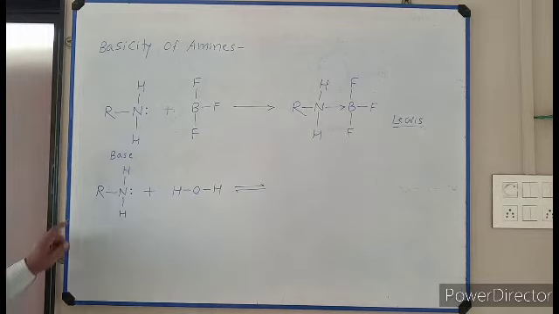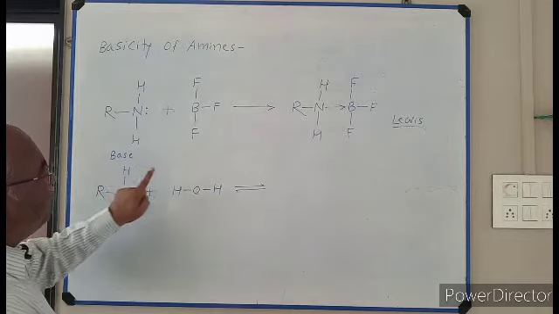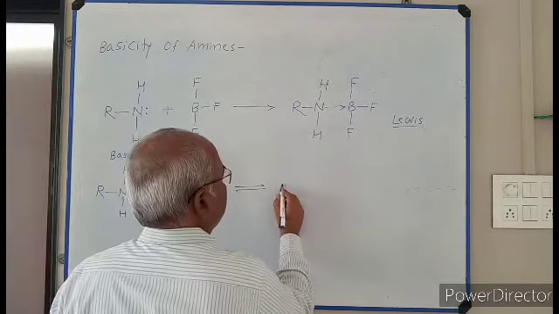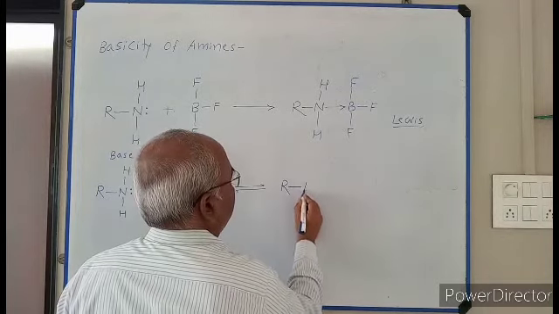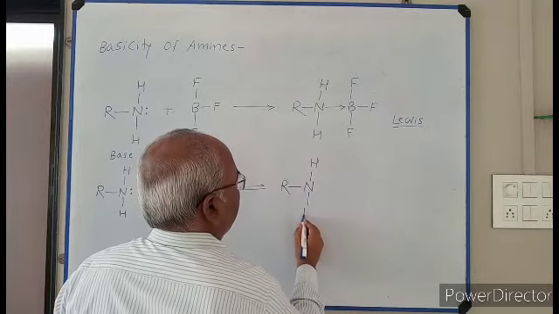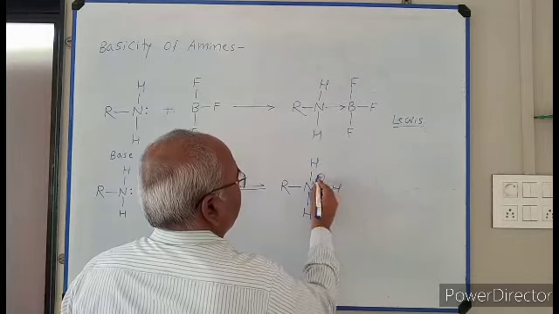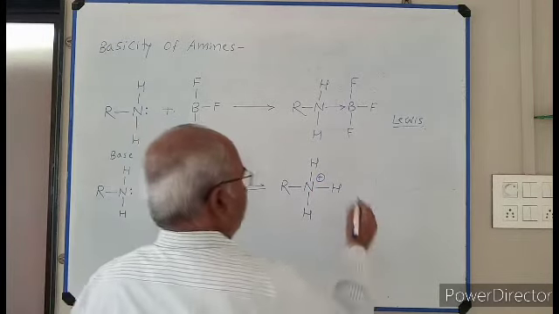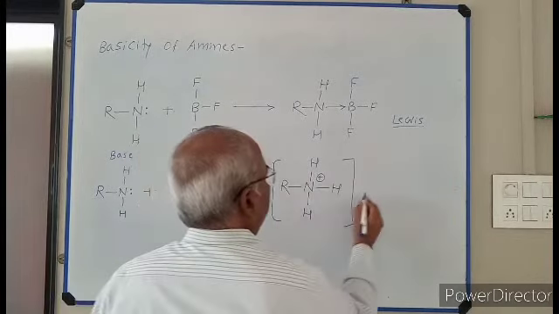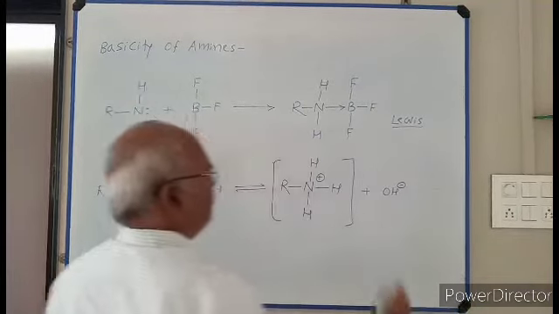So look here, nitrogen donates its lone pair of electrons to this proton, and the product formed is R, N, H, H, H, nitrogen becomes positively charged. I write in square brackets, plus OH minus.